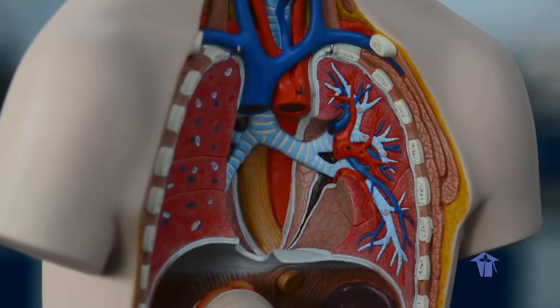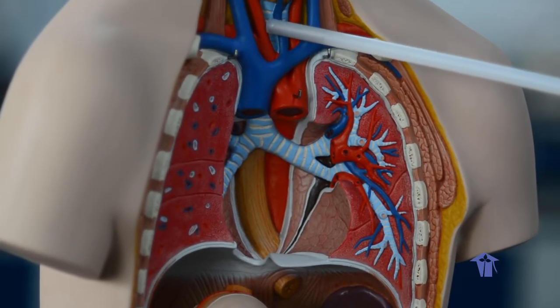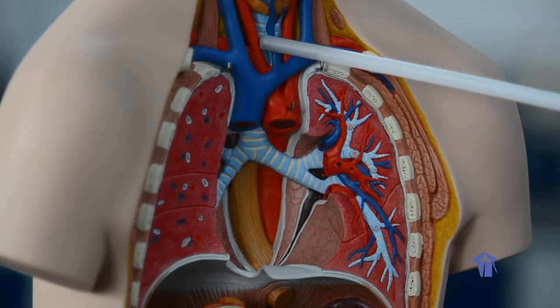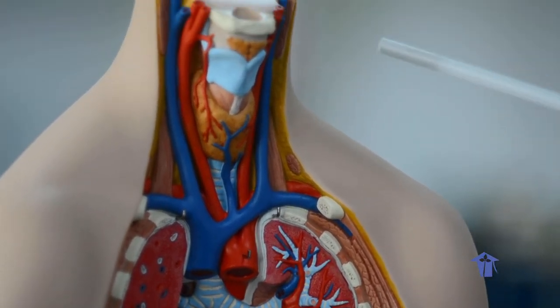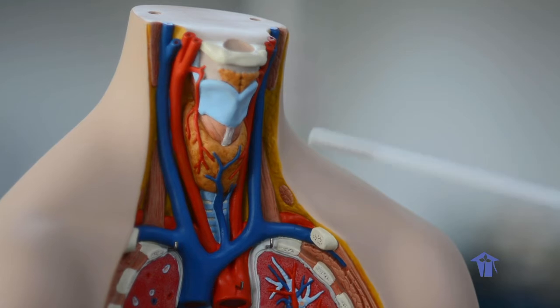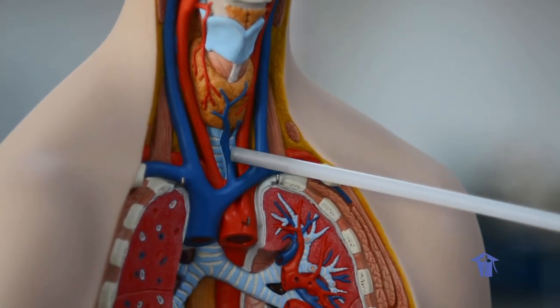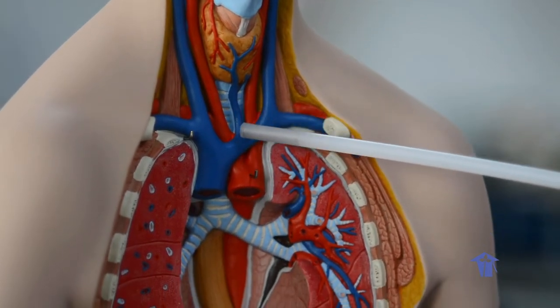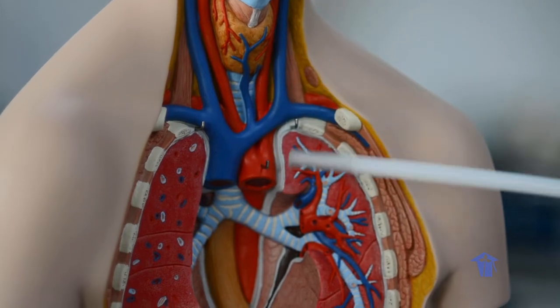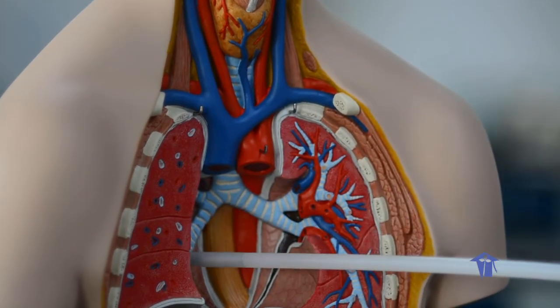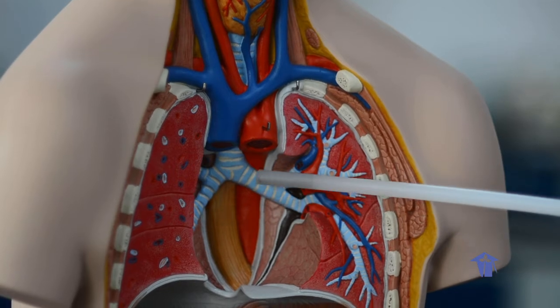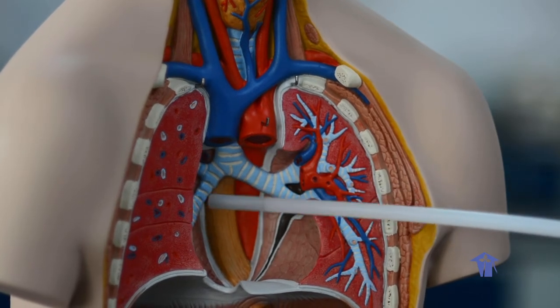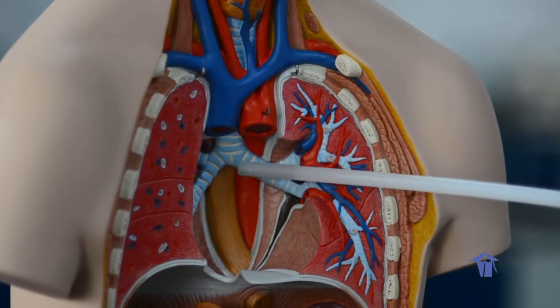So we want to see the connection between the tracheal tube, which is a tube that brings the air from the upper region, from your pharynx, and it's the blue and white band that we're seeing behind this major blood vessel. Down here, we can see that behind the heart, the trachea branches to form these two major bronchi.